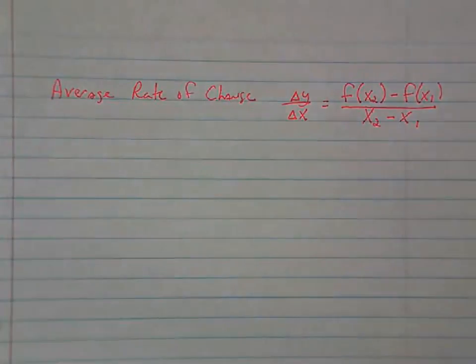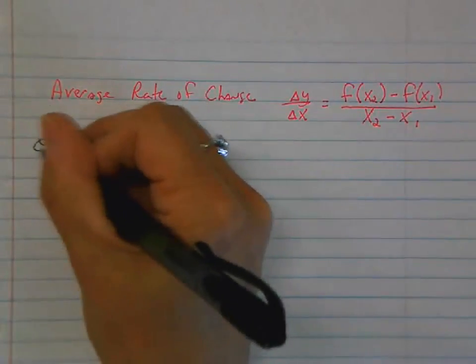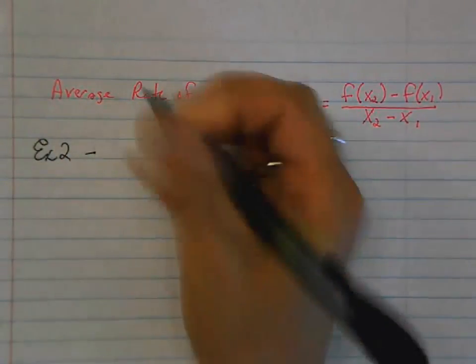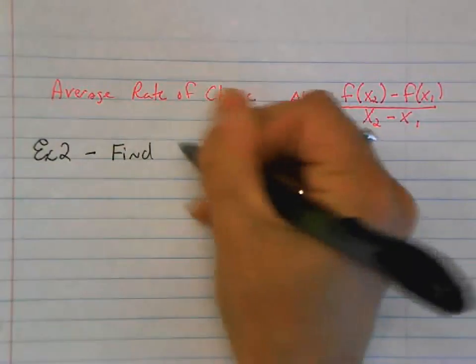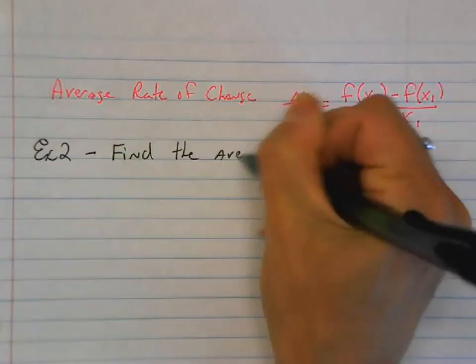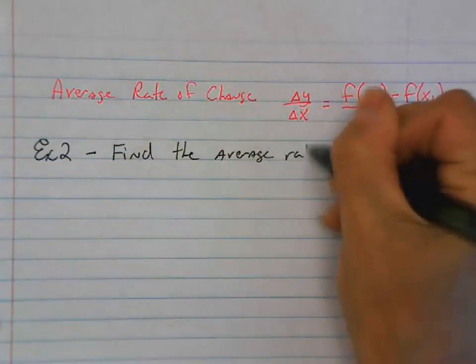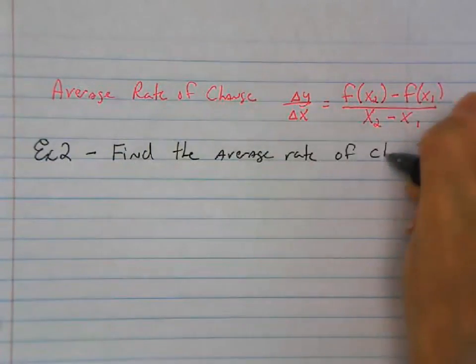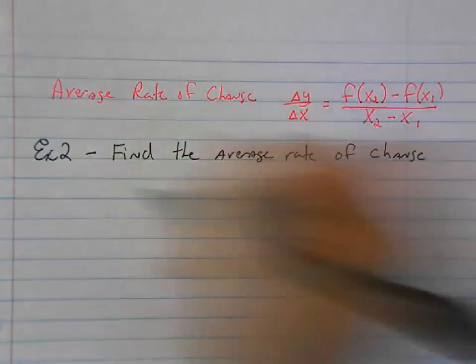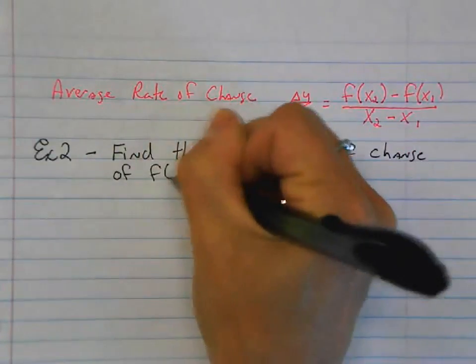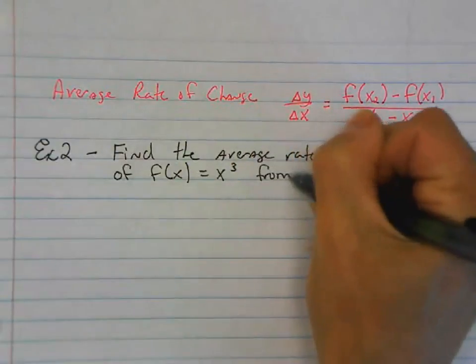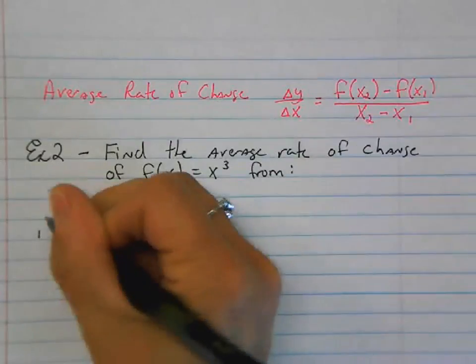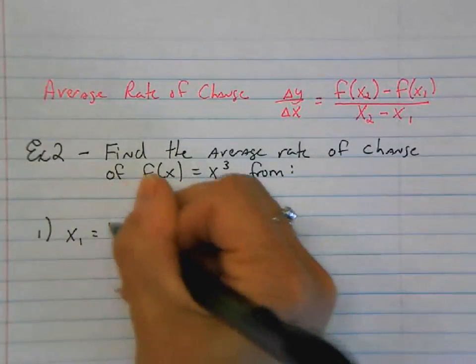Let's try one. Alright, example 2, last example of the day. Find the average rate of change of f of x equals x cubed from x sub 1 is equal to 1 to x sub 2 is equal to 2.